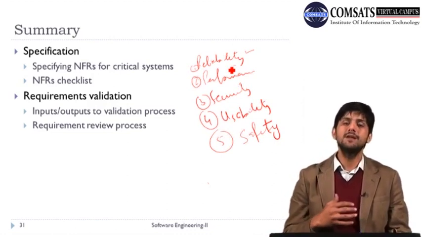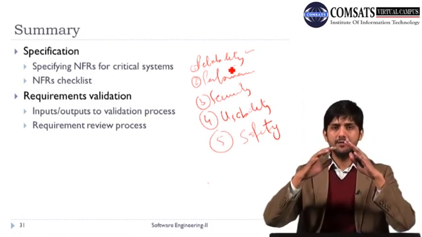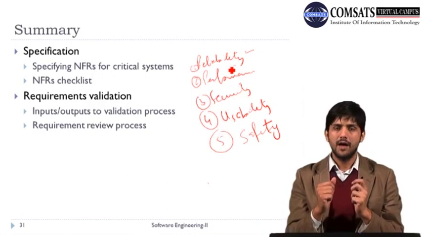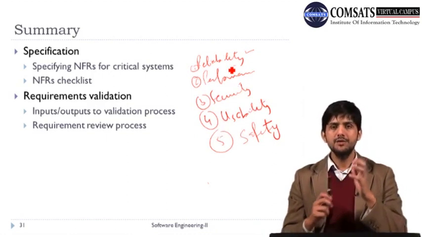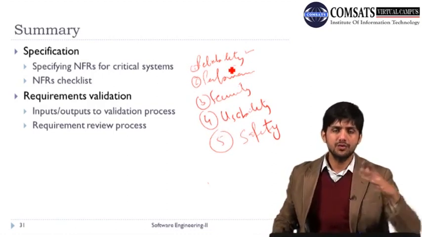And finally, we talked about safety requirements. We said that we know the scope or boundary of the system, and we will try to identify what are the things that my system should not do.